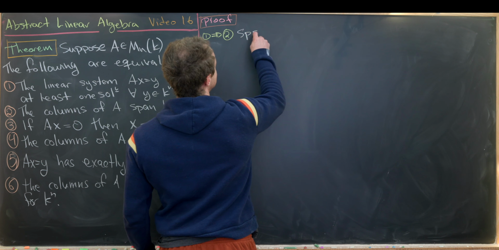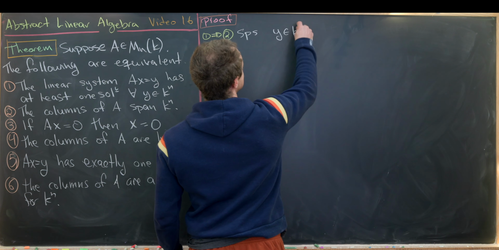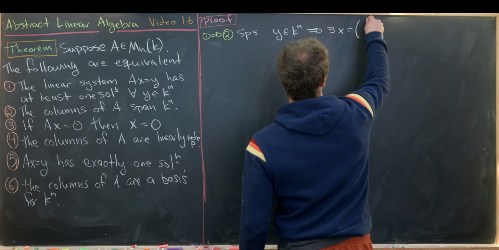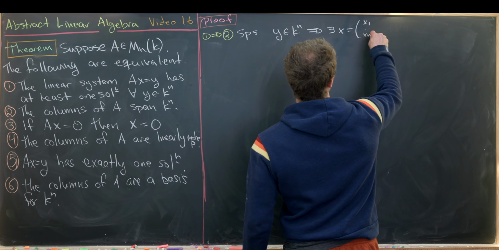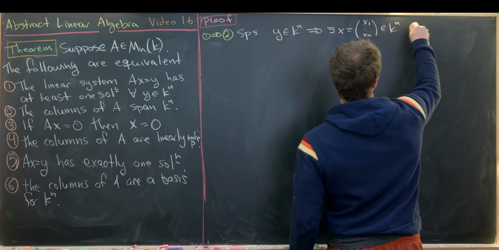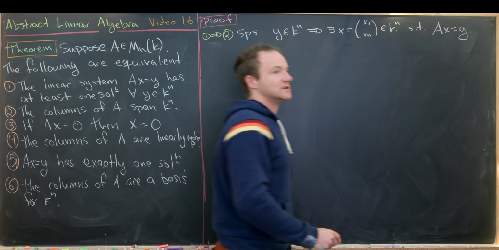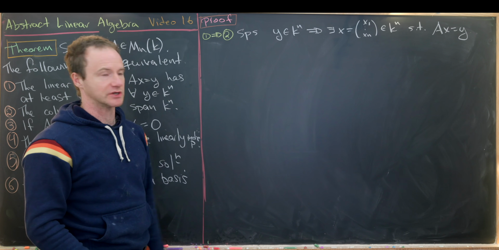So let's suppose that y is in K^n. That means that there exists an x, I'll go ahead and call it x1 down to xn, in K^n, such that Ax equals y. So again, that x is our solution.